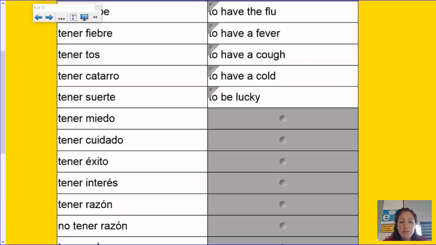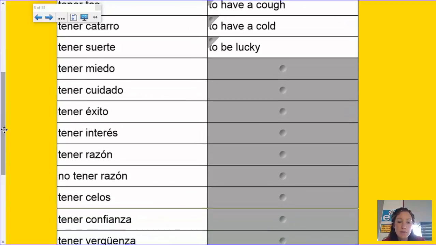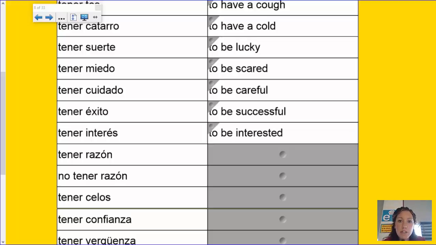Tener suerte, to be lucky. And it's okay, I think I'm going to repeat a couple on this page, but that's okay. Tener miedo, to be scared or to be afraid. Tener cuidado, to be careful. Tener éxito is to be successful or to have success. Tener interés, to be interested.